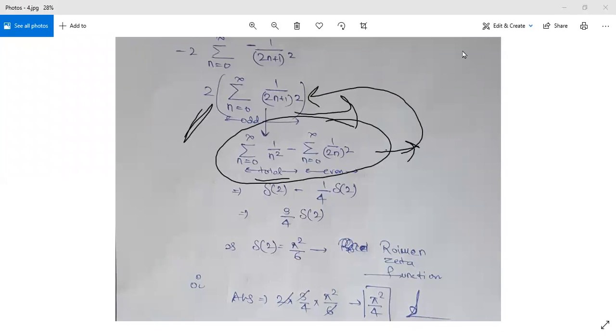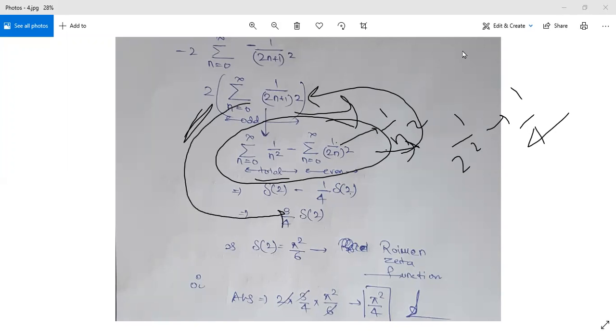We all know this is the Riemann zeta function evaluated at 2, subtracted with 1 divided by 4 of the Riemann zeta function evaluated at 2, because 1 by 2 whole square is 1 by 4. I take 1 by 2 to the power of 2 outside, this becomes 1 by 4, and what is left is 1 by n square, which is just the Riemann zeta function evaluated at 2. So this thing is just 3 by 4 of the Riemann zeta function evaluated at 2.